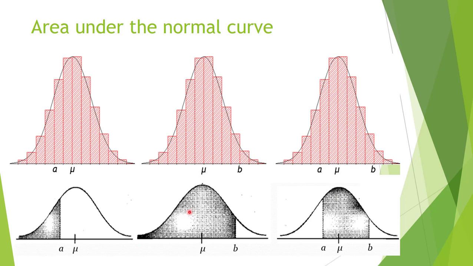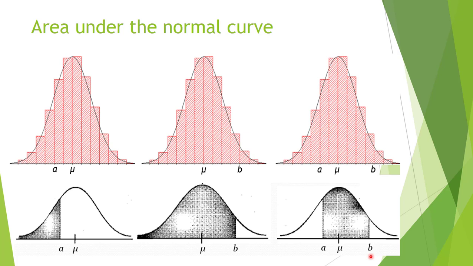If you know the total area for B, and you know the area for A, will you be able to find this area? It's easy. If you use this area and subtract this area, you will be able to find this area. And if we want to interpret this area, it represents the percentage of scores larger than A but smaller than B.